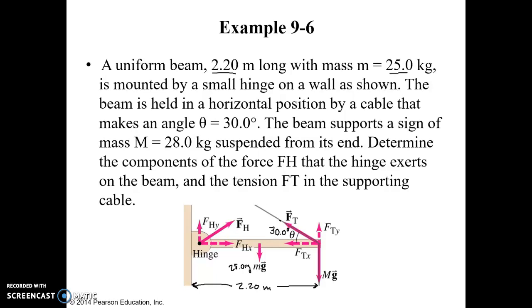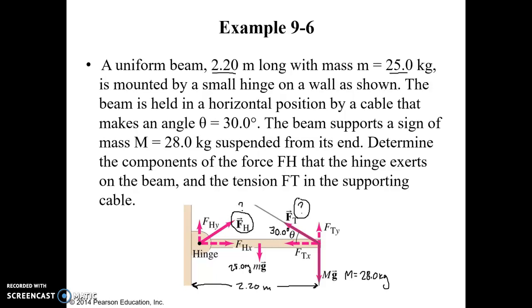The beam supports a sign of mass 28.0 kilograms suspended from its end. Determine the components of the force FH, the force that the hinge exerts on the beam, and the tension FT in the supporting cable.